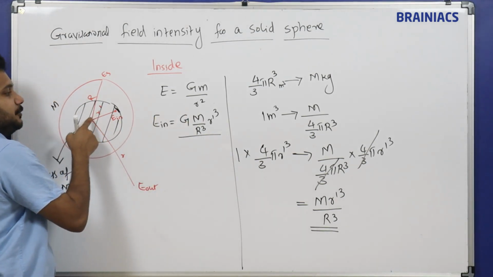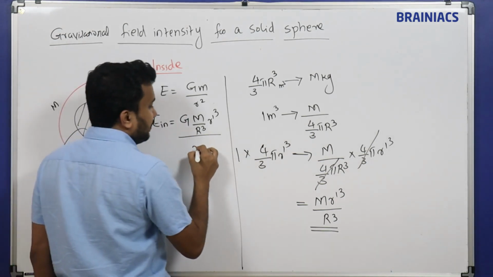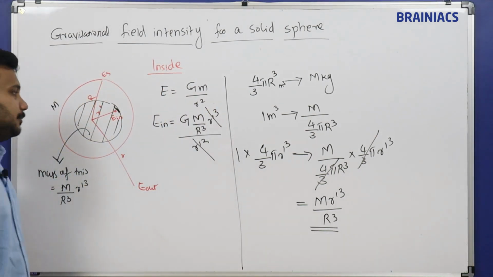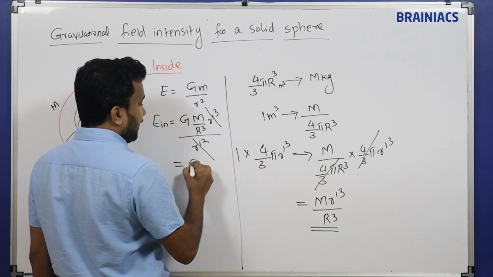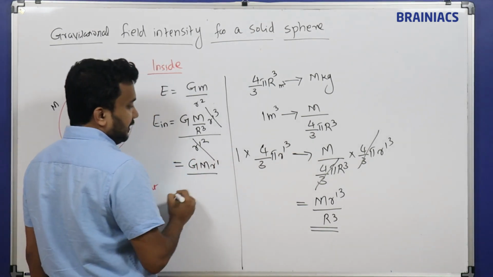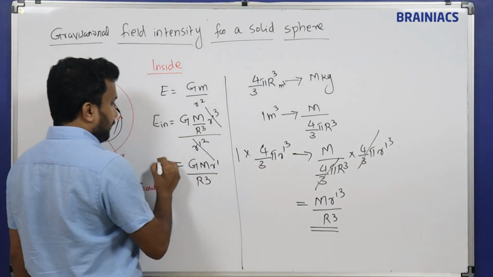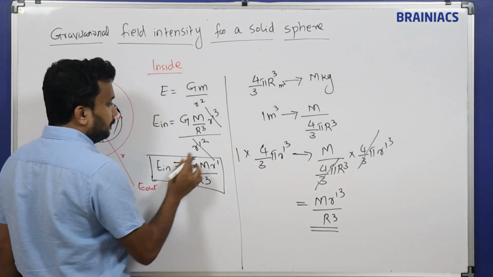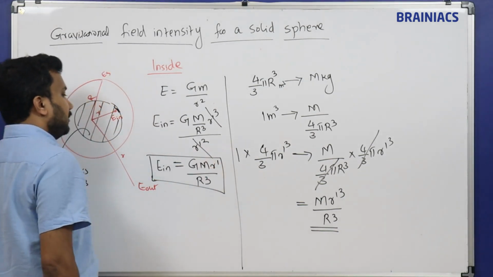Here the distance is r dash, so r dash square. So one r dash square cancels in numerator and denominator. We got GM r dash divided by R cube. This is the gravitational field intensity inside a solid sphere.